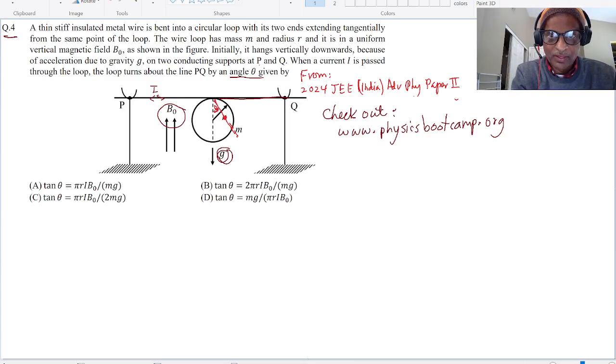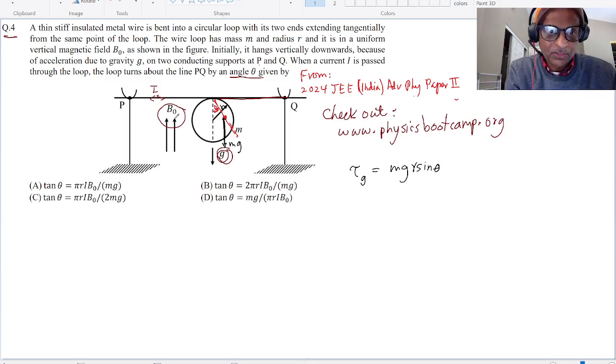The gravity is pointed at the center of mass, mg, and this is r, so you can see the lever arm will be simply r sine theta. So the torque from gravity, magnitude-wise, will be mg r sine theta.